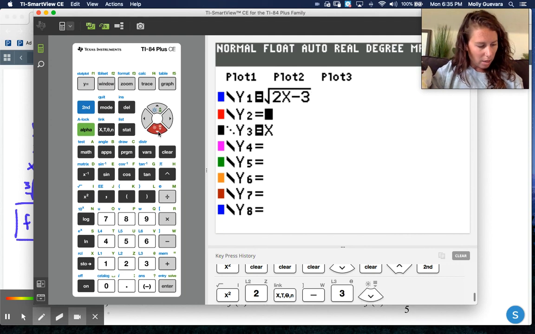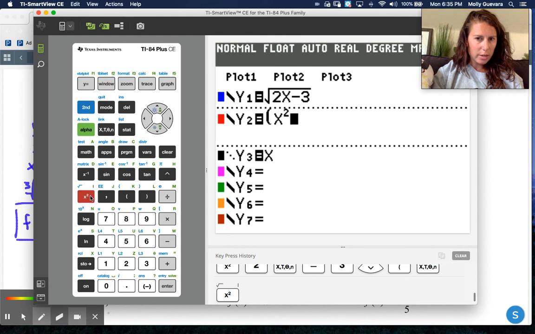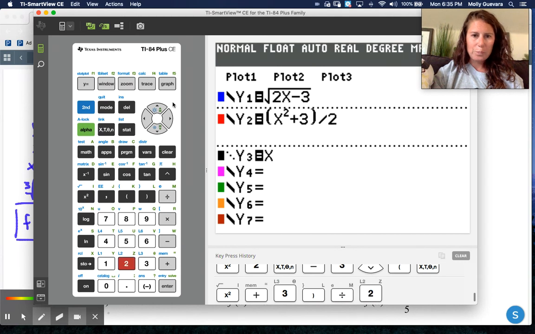And then the inverse of this is, I'm going to put the top in parentheses, x squared plus 3 divided by 2.